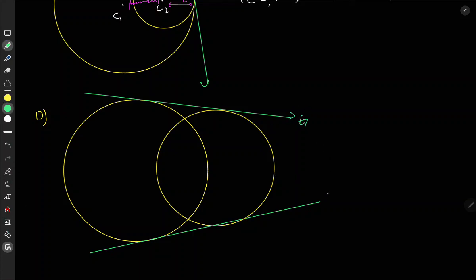Let this be T1 and let this be T2, just for namesake I'm naming them. And let this be center 1 of circle 1, let this be center 2 of circle 2.